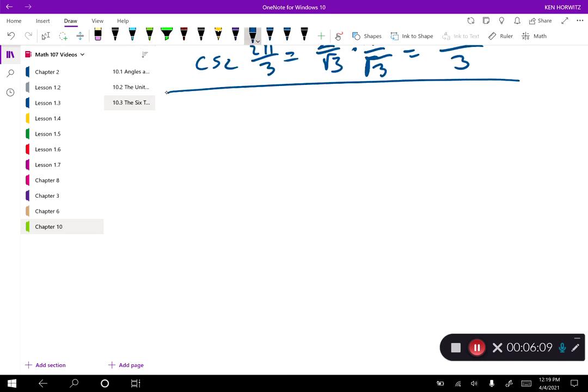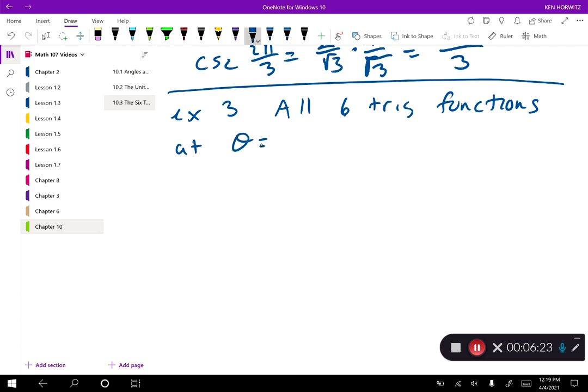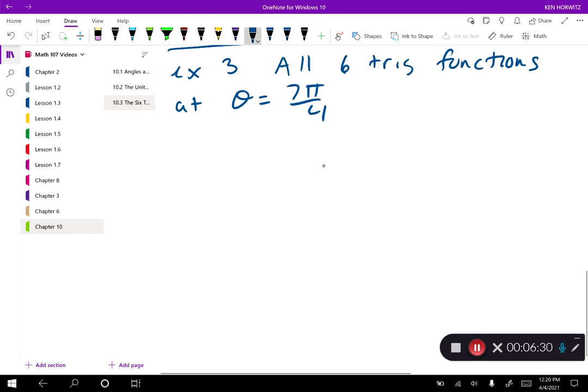Now let's open it up to all 6 trig functions. So let's say example 3. Find all 6 trig functions at theta equals 7 pi over 4. Now 7 pi over 4 is in quadrant 4.